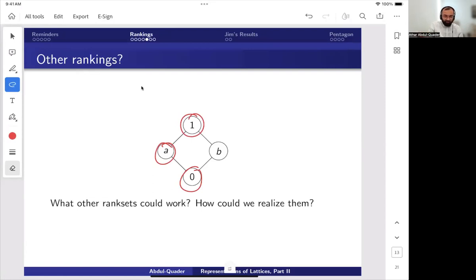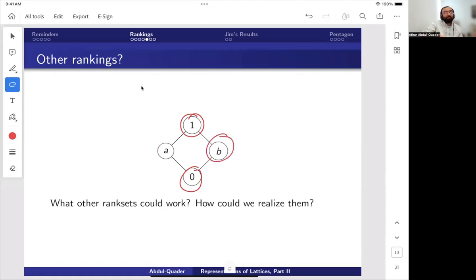What other rank sets could work? Essentially, A and B are isomorphic, so it's kind of the same construction. I'm not going to consider any of the possibilities where B is in the rank set, because it's symmetric.